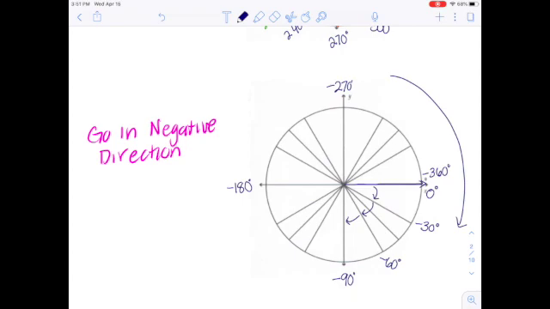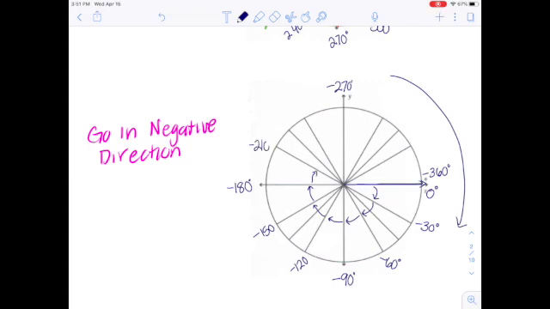Adding another negative 30, you would be at negative 90, and then continue on. Add another negative 30, you would now be sitting at an angle of negative 120. Keep going. Negative 150, add another negative 30, you get negative 180.